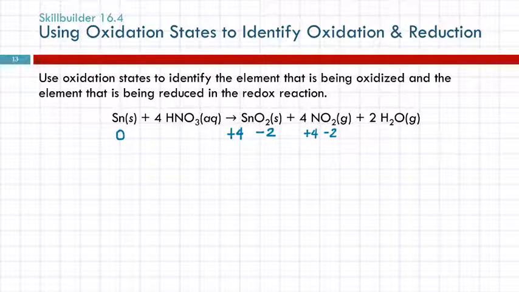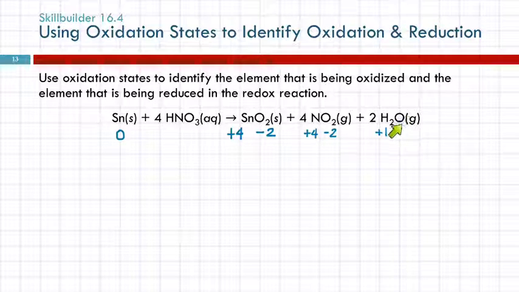And here's water. FHO. Well, no fluorine, but there's a hydrogen. So hydrogen gets to be what it wants. What does hydrogen want to be? +1. We have to make sure that all those oxidation numbers add up to 0 because this is a neutral molecule. So if there's 2 hydrogens and they're each +1, that's +2.